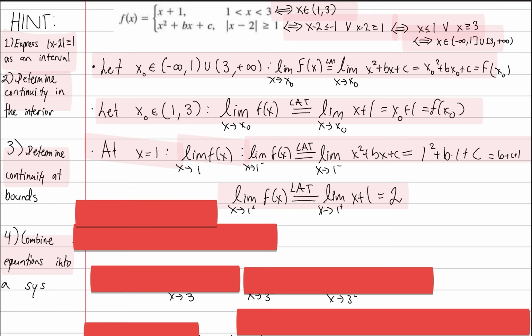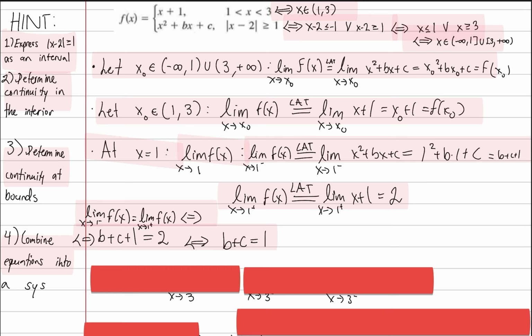Remember, in order for it to be continuous, the side limits have to match. Otherwise, the limit does not exist, which means it's not continuous. If they don't match, that's a type of discontinuity, meaning b plus c plus 1 equals 2, or b plus c equals 1. So now we do have a restriction on b and c. Their sum has to be 1.